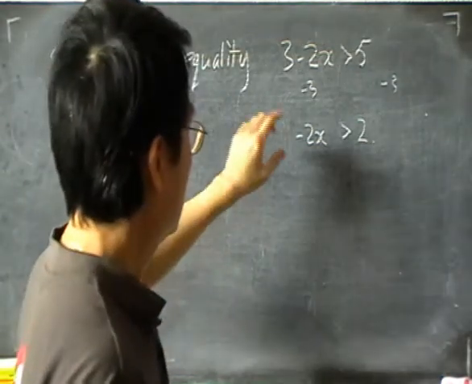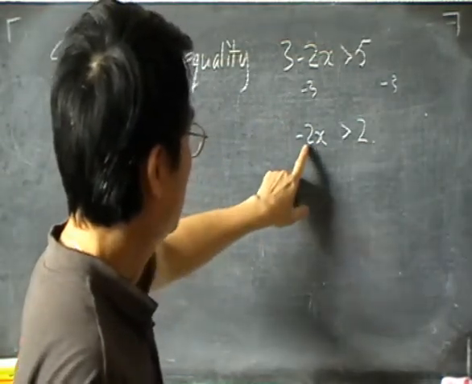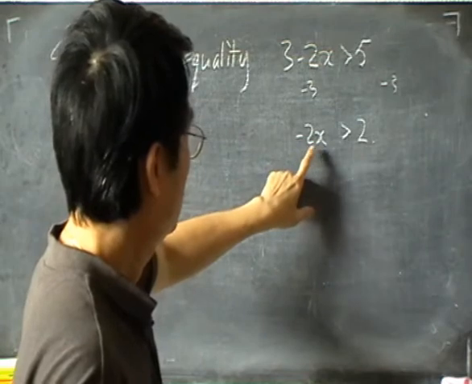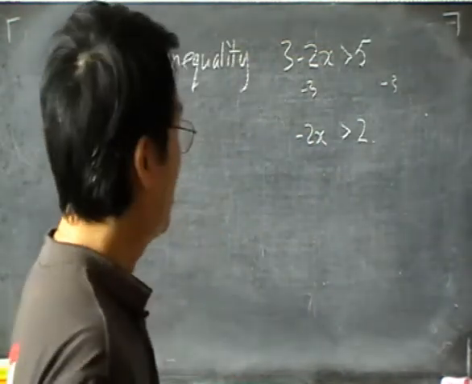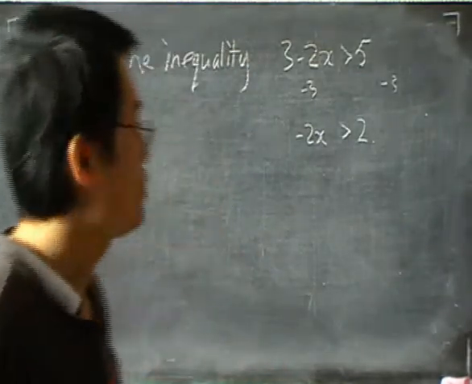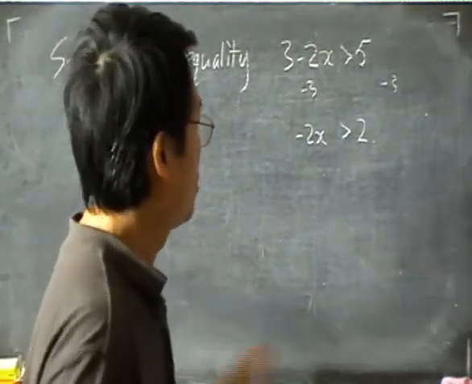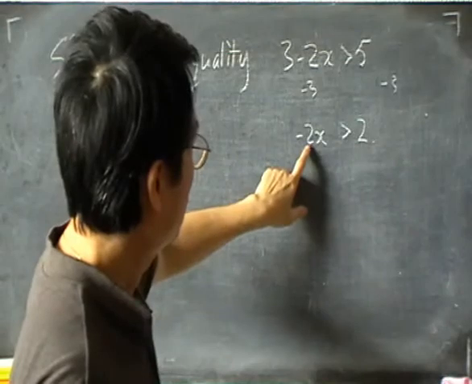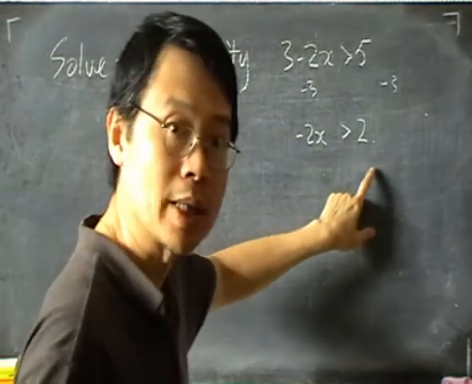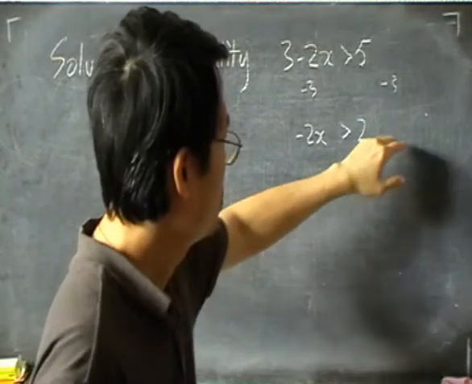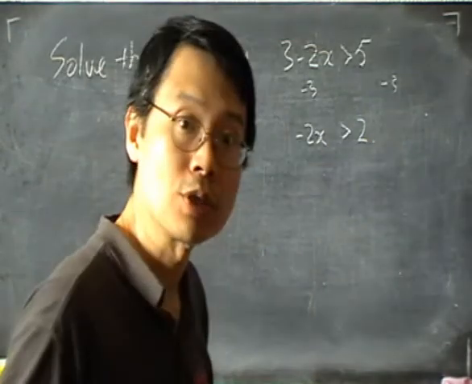Right. Next, I would want to solve for the x, I want to move the minus 2 away. In an equation, we could bring the minus 2 over to the other side as the bottom of a fraction.